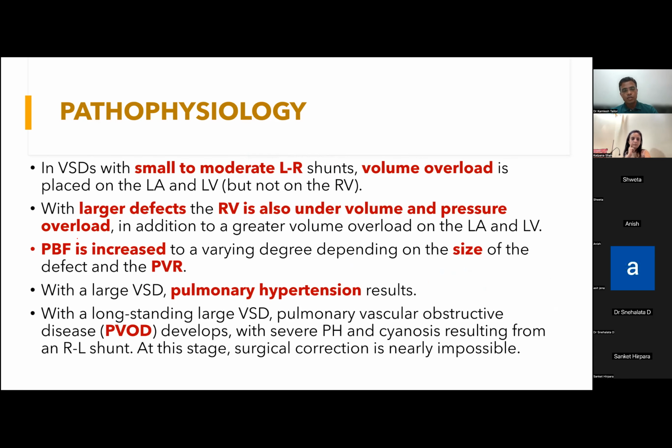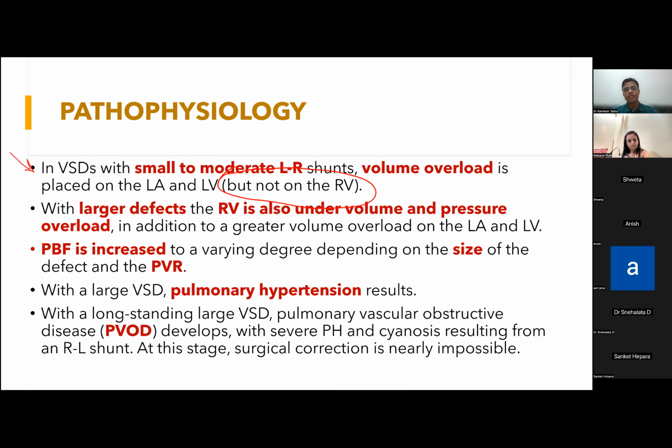Pathophysiology: in a small or moderate size VSD, there will be volume overload of the LA and LV and not the RV. One has to remember that the RV will receive the volume of the left to right shunt but act as a conduit, and that is why in a small and moderate VSD, the LA and LV will be enlarged, not the right ventricle.